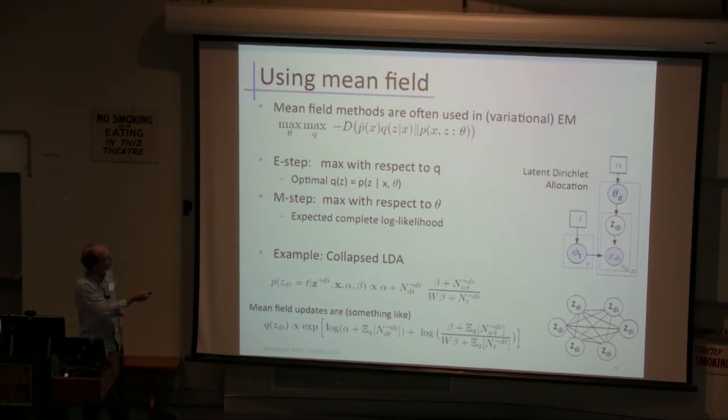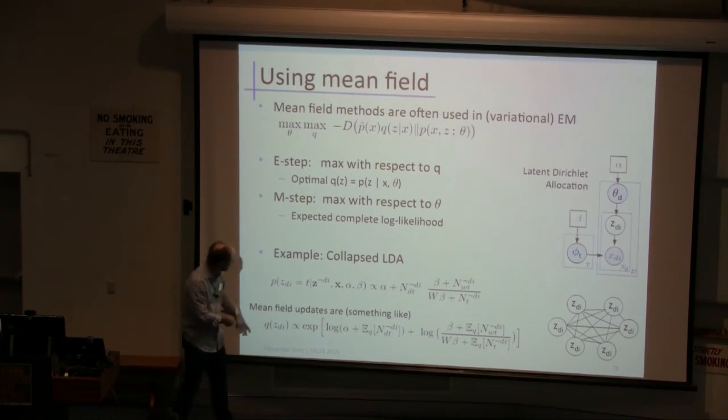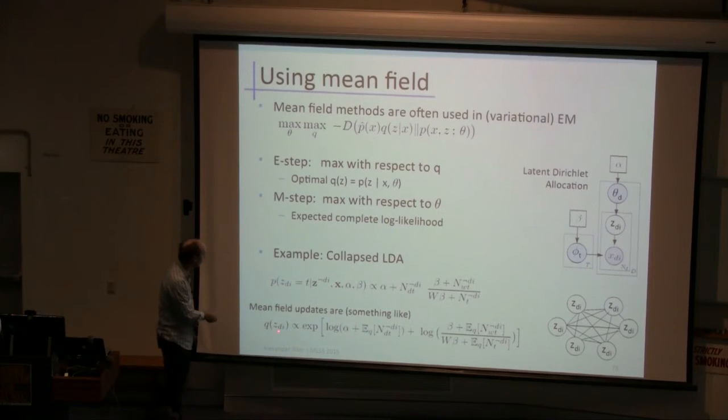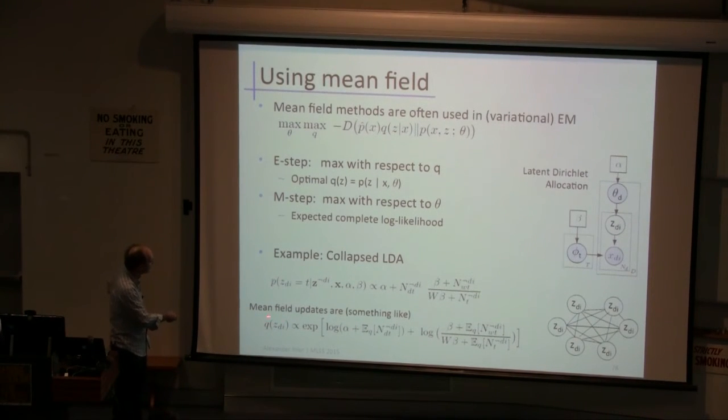The two main methods of doing this are things like Gibbs sampling, where you use a conditional probability, or mean field. Mean field has this nice form that we saw before. We're fitting a product distribution over these latent variables Z, each of which depends only on its neighbors.